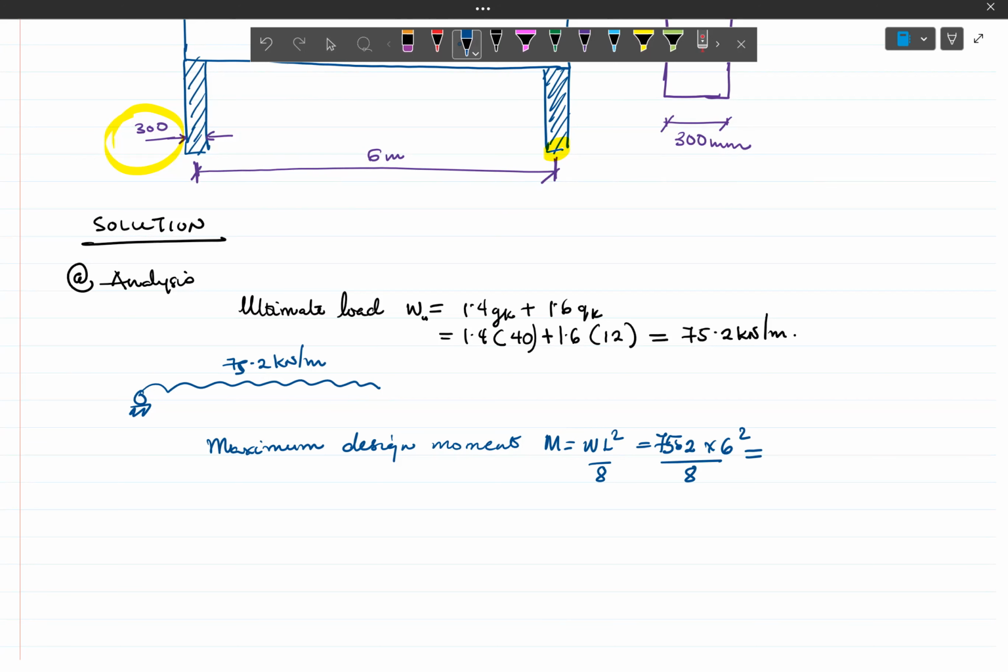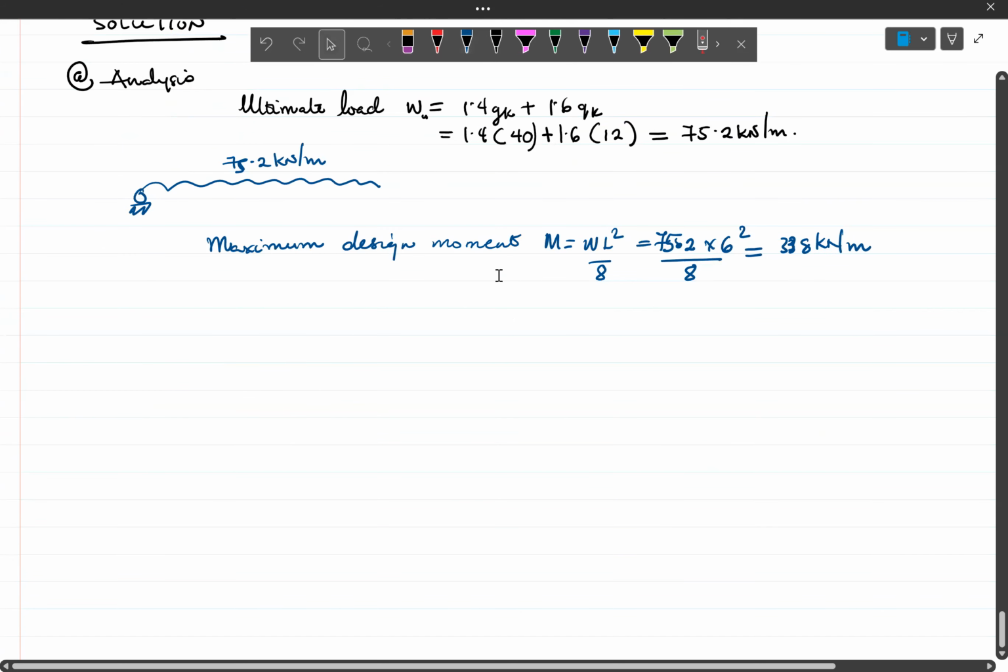And this should give us 338 kilonewton meter. So this becomes our maximum moment that we would experience in the beam, which for a simply supported beam, your maximum moment is at the midspan. All right. So let's deal with the moment for now. We'll come back and look at the shear.